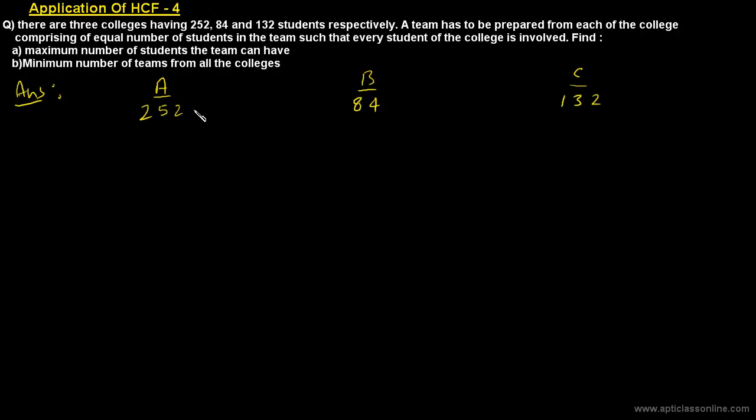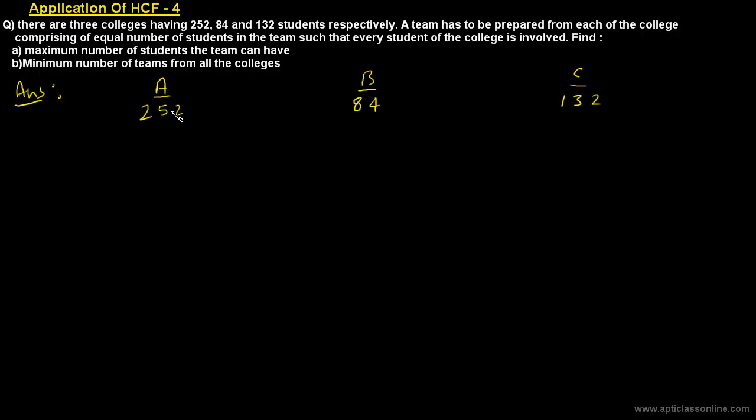A team has to be prepared from each of the colleges. The team has an equal number of students. That means the number of students in a team is a fixed size, an equal number of students.